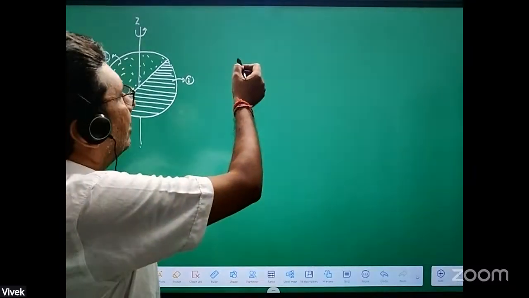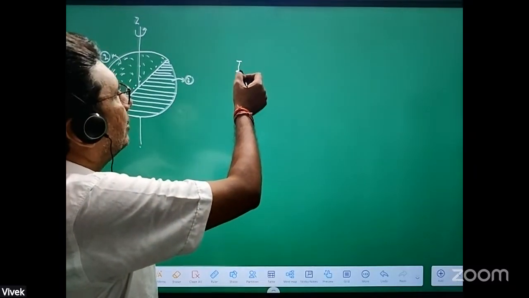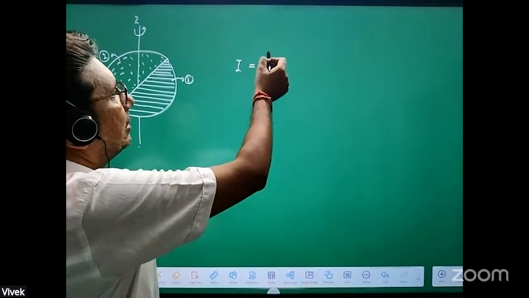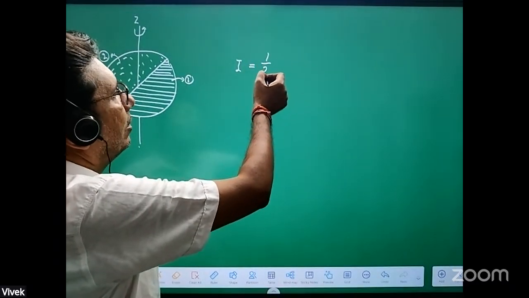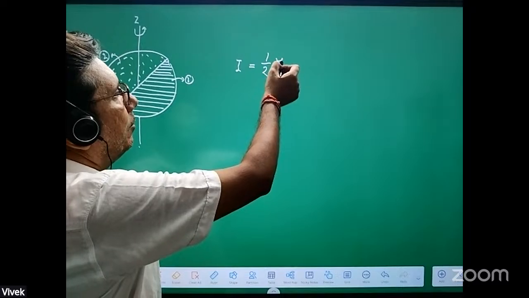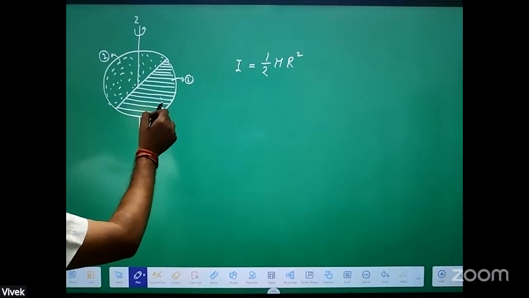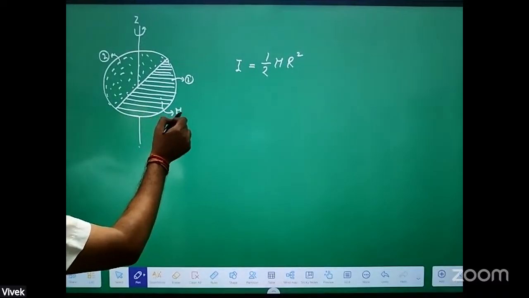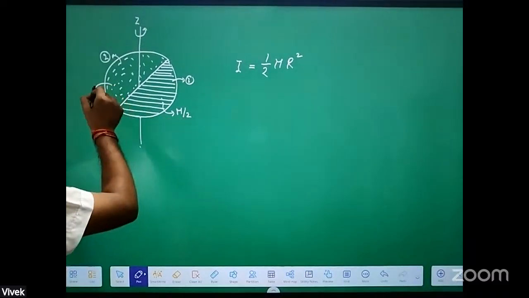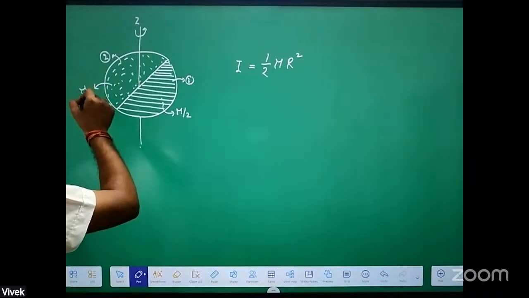So what I am saying, the moment of inertia of the complete disk is how much? This is 1 by 2 MR². What will be the mass of this part? Mass of this part will be M by 2. Mass of this part will be M by 2.